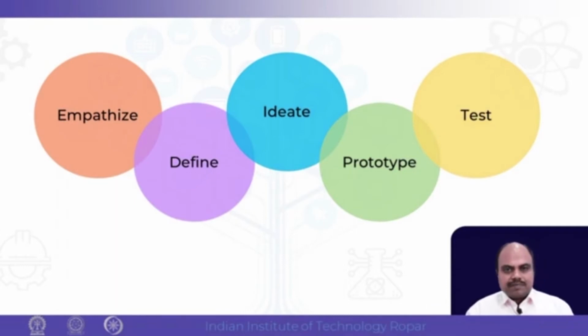Repeating again, because this is important: first is empathize, second is define, third is ideate, fourth is prototype, and fifth is testing. These 5 steps of design thinking are generally followed in many companies, and we are going to learn more about this design thinking process in depth.